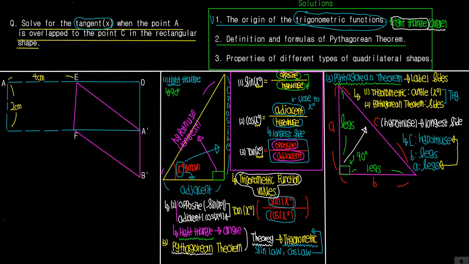So let's get through it. What is the formula for our Pythagorean theorem? The formula is a squared plus b squared equals c squared. What does a squared plus b squared equals c squared mean? I'm going to talk about the definition first before we talk about any formulas.